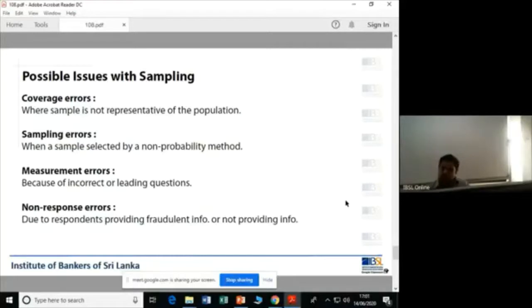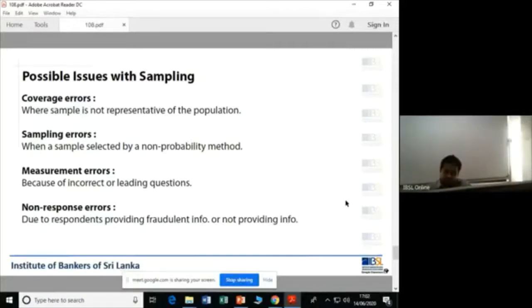Irrespective of your level, even if you try to be fair using probabilistic or non-probabilistic or multiple techniques, there could still be a coverage error, where the particular characteristic that you're trying to study will not be covered fairly from the entire population being converted to the sample. That's what we call the coverage error.